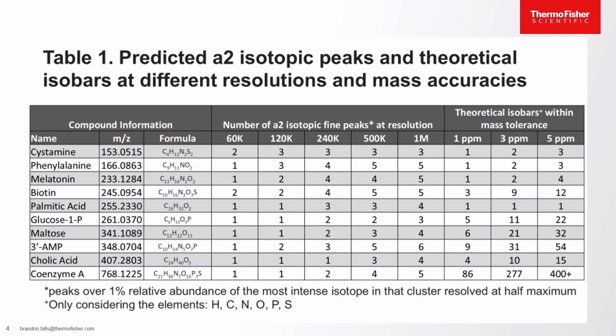We can see that at 60K or 120K, most of the time you're only going to see one peak resolved in that cluster. It isn't until you get to 240K resolution that you are really seeing more than one isotopic fine peak. And really 500K is where you start to get 3 or more. And these are all very useful when you're trying to figure out which isobar you actually have.